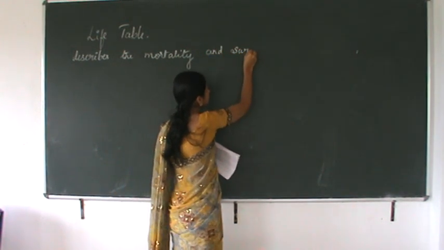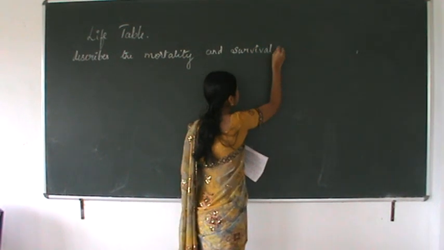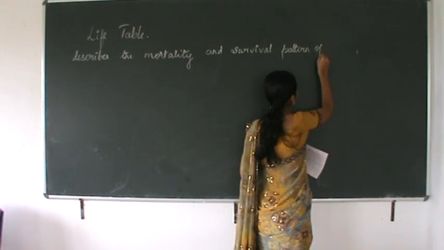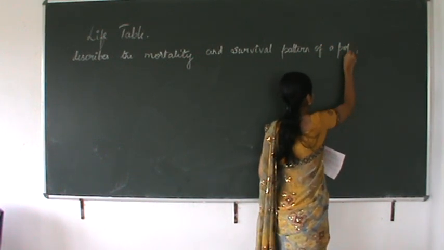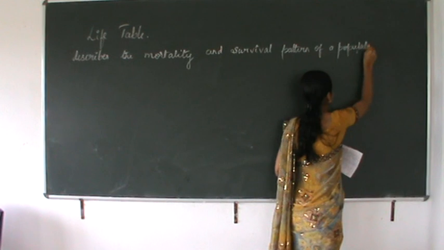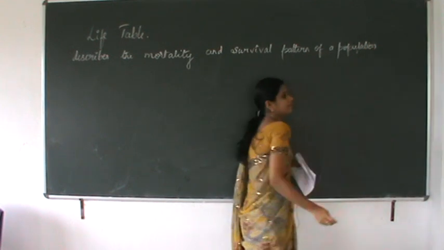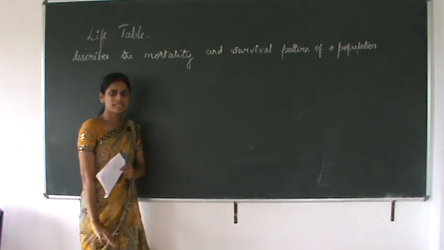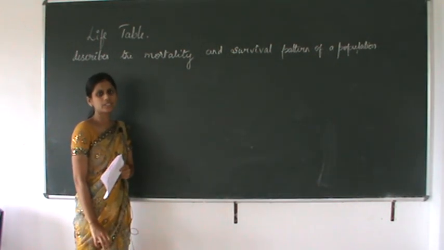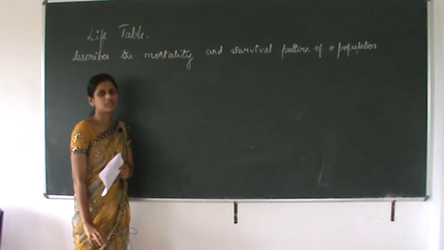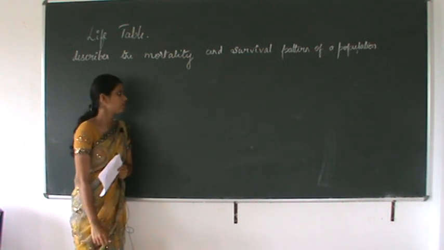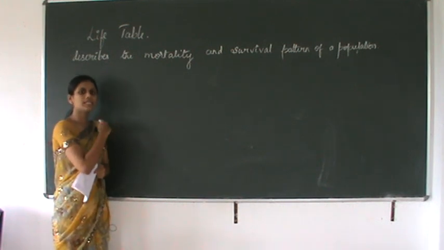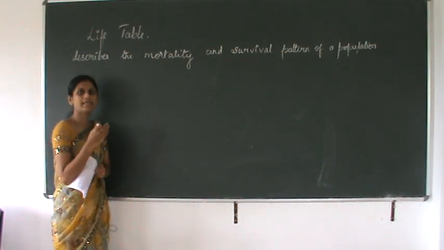We can also say that life table is a tabular presentation of numerical data which describes the mortality experience of a cohort. So here we have a table which describes the mortality condition or mortality experience of a cohort.